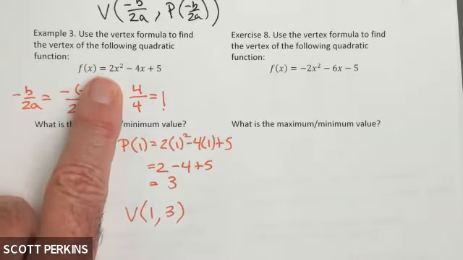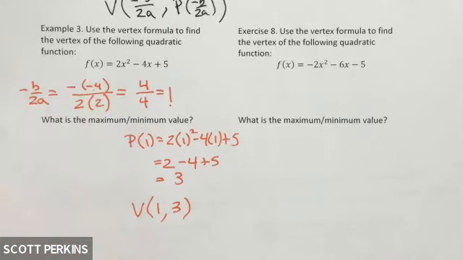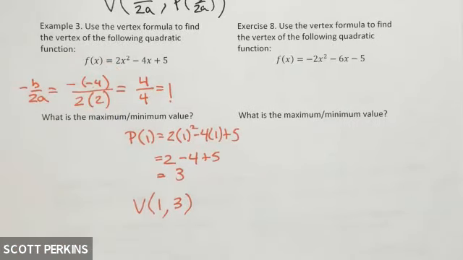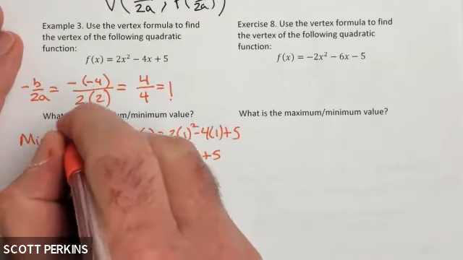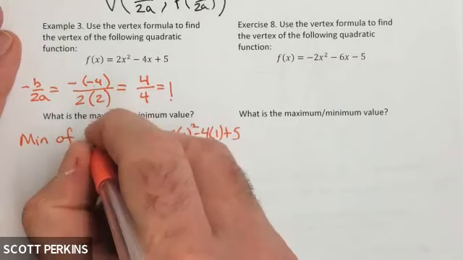If we think back to our graphs that we just did on page 2, when this number in front of the x squared, when we factored it out and multiplied all the y values by it, is positive, that means the parabola's arms are in the sky. It means it has a minimum value. If this number in front of the x squared was negative, that would mean it's pointing downward. We reflected it, so it would have a maximum value. So this one right here has a minimum value, and that minimum value is just the y value of the vertex. It's just a minimum of 3.